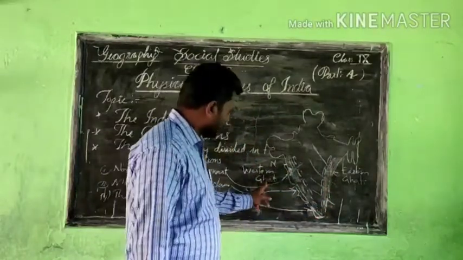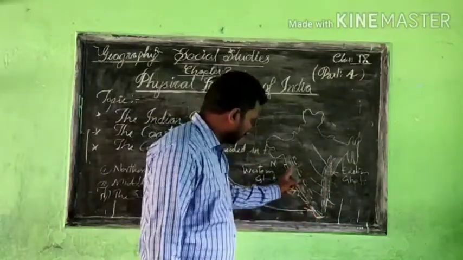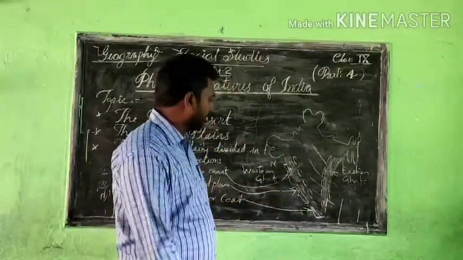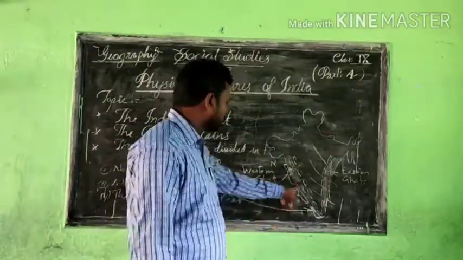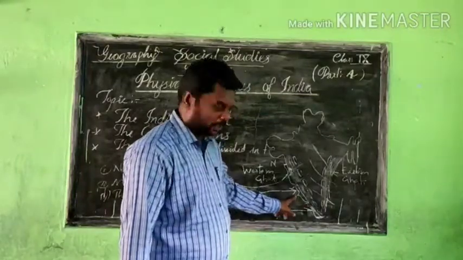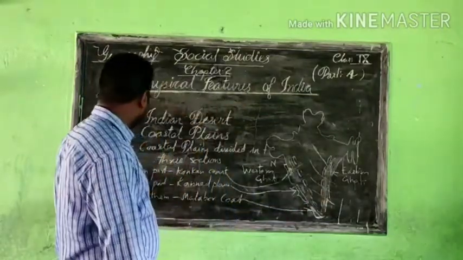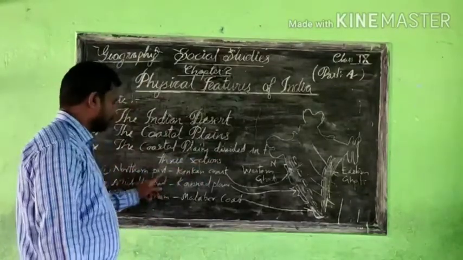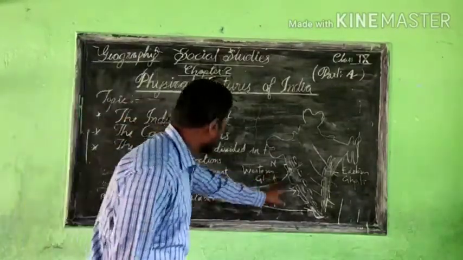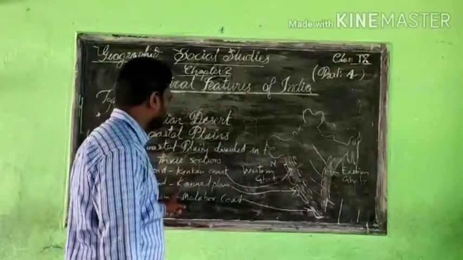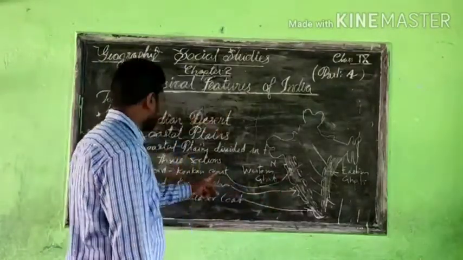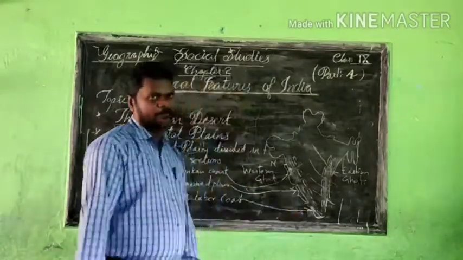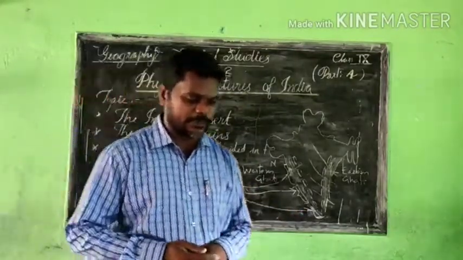Between the Arabian Sea and the Western Ghats there is also an agricultural area. This plain is very good and fertile, and is called the western plain. These two we have discussed. The coastal plains are divided into three: first the northern, the Konkan coast, the middle part the Kannada plain, and finally the southern part, the Malabar coast.